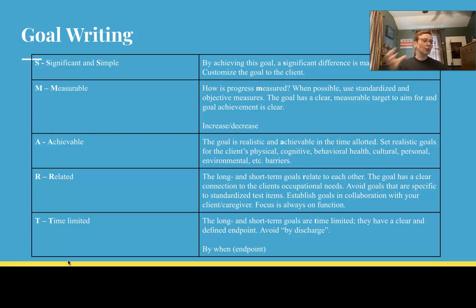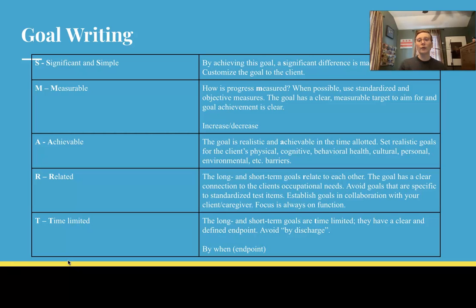So you really need to relate everything back to function. What is the functional component that you need to address that will then address range of motion and manual muscle testing? And then how will you measure progress? So you need to use your min, your mod, your max. This is where you use your cues.